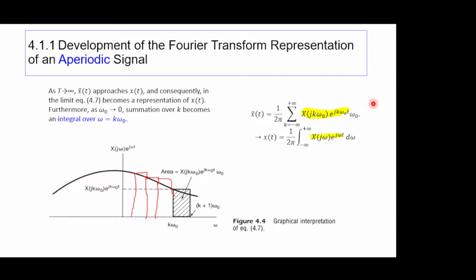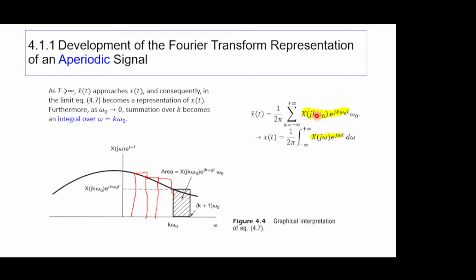As big T goes to infinity, your Fourier series, where you sum over all those different k, will converge to doing an integral on this big X times e to the j omega t.